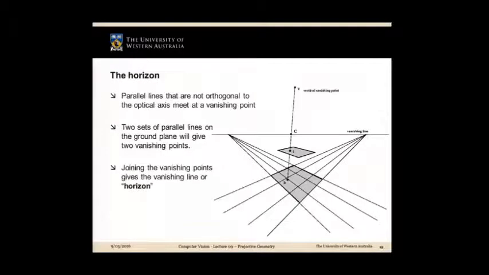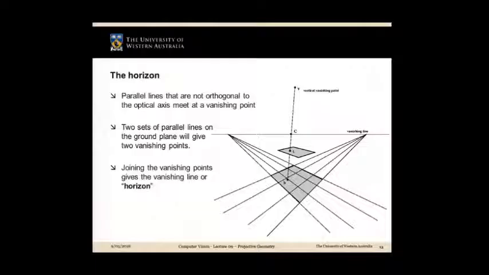So of course there are some obvious things. Now there is one special type of vanishing line, and that line is called the horizon, right? So parallel lines that are not orthogonal to the optical axis meet at a vanishing point. Of course all the parallel lines converge at a vanishing point. And then two sets of parallel lines on the ground plane will give two vanishing points. So you have a set of parallel lines here in this direction.